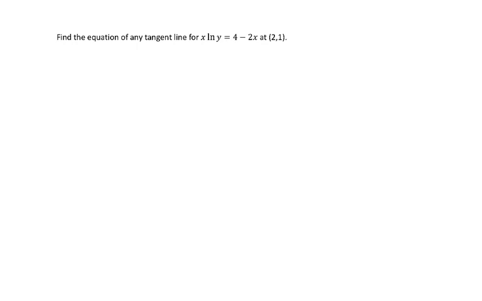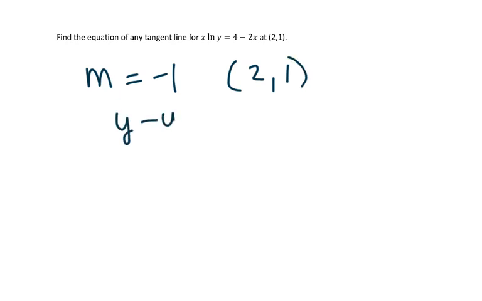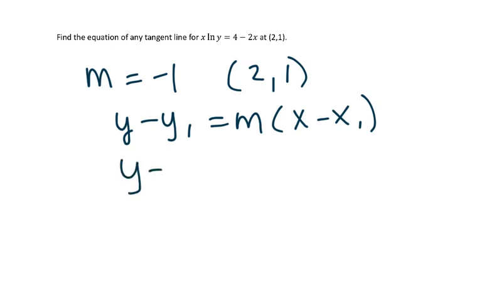So we know that m now is negative 1, and we have it pass through the point (2, 1). So to find the equation of this line, remember we can use point slope form. In this case it's going to be y minus our y value, which is 1, is equal to our m value, which is negative 1, times x minus our x value.